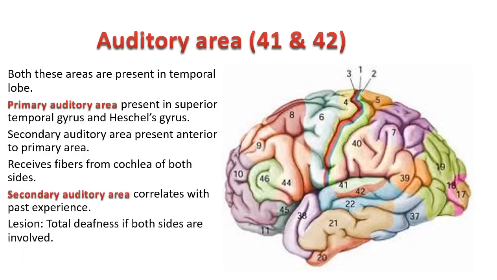If both sides are involved, it produces total deafness, especially the primary and secondary auditory area. Auditory association areas are for recognition of familiar sounds and words, already discussed. So that is called the secondary auditory or auditory association areas.